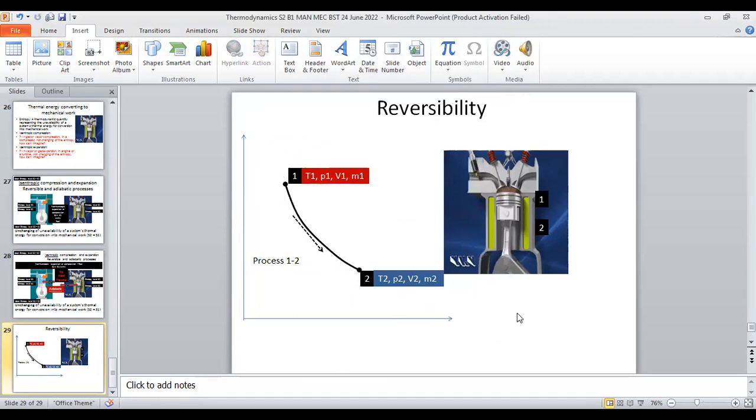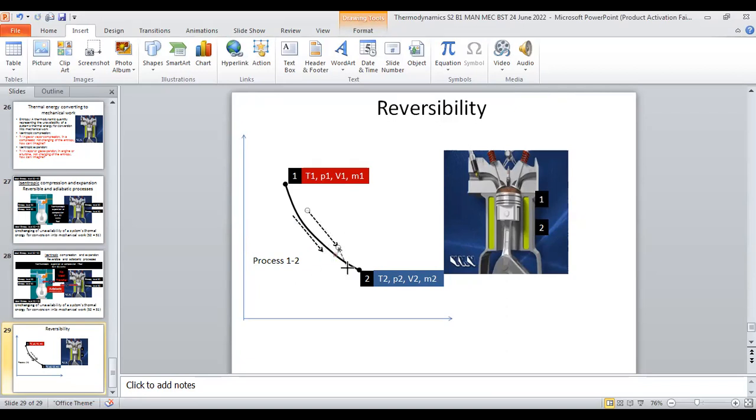Beginning, end. And there is a direction I just put here. Later we will see. So reversibility means, if for the same mass, for the same two conditions, you reverse this process, meaning the piston moves upward, it follows the same path.